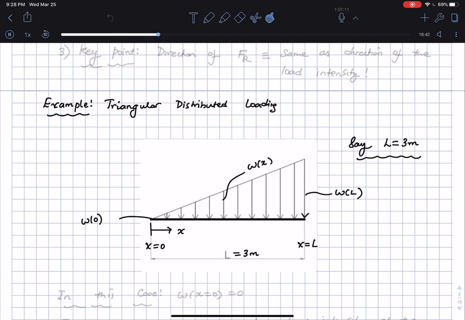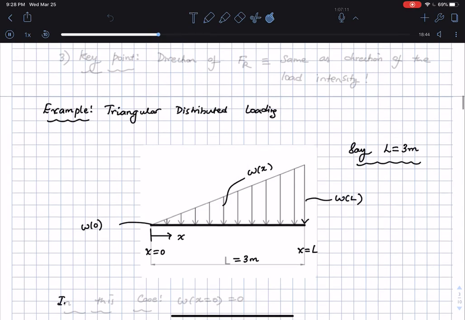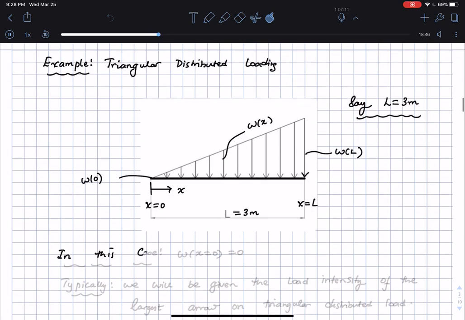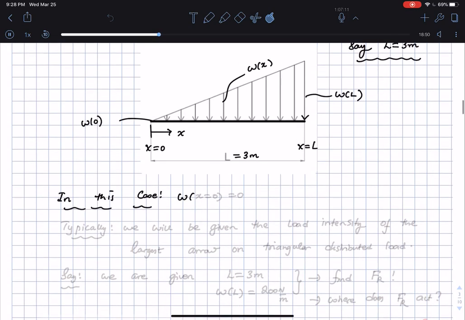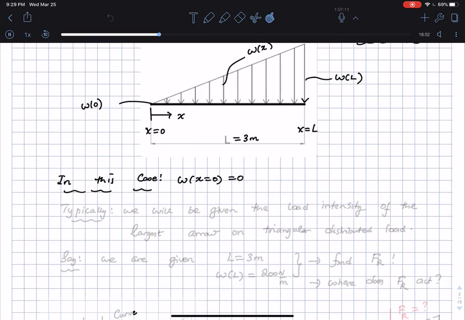Okay, so in this case we see that W at x is equal to 0 is 0, and typically you'll be specified the value of W at x is equal to L, or you'll be specified the intensity of the largest value.